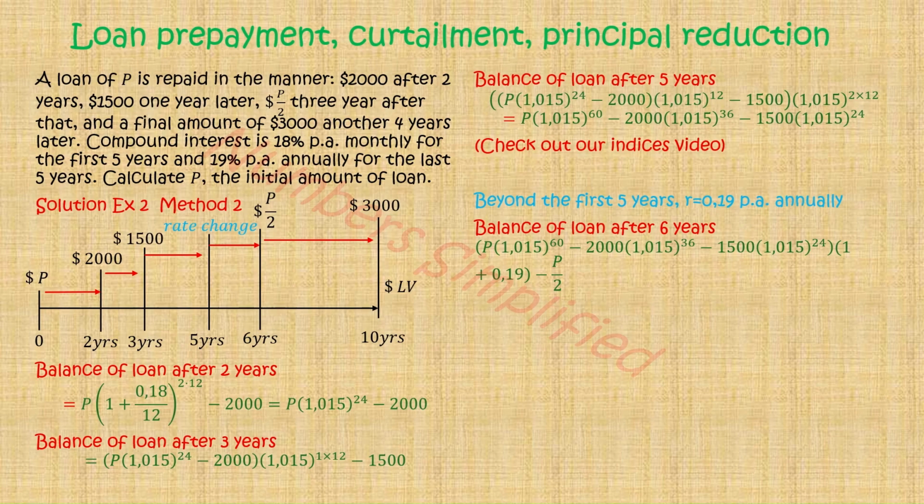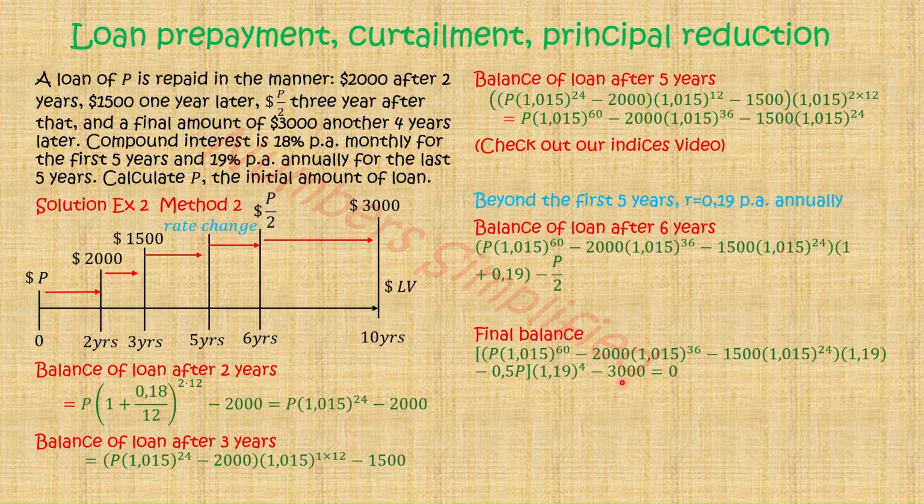That is to say that whatever we had in the previous step in the 6th year, we are going to multiply that by 1.19 raised to the power 4, because it's 4 years up until that balance accrues some interest. And at the end of that 10 years, the last payment is made of 3,000. So that's why we are subtracting the 3,000.